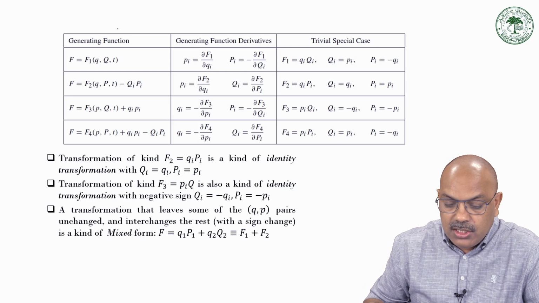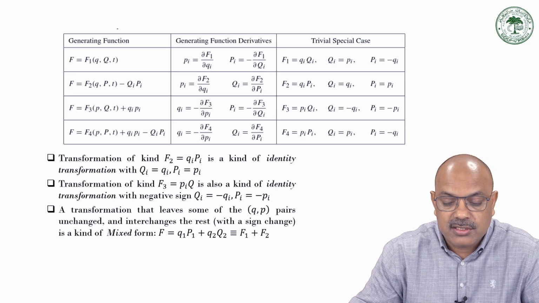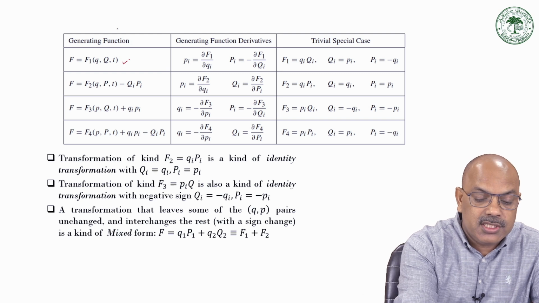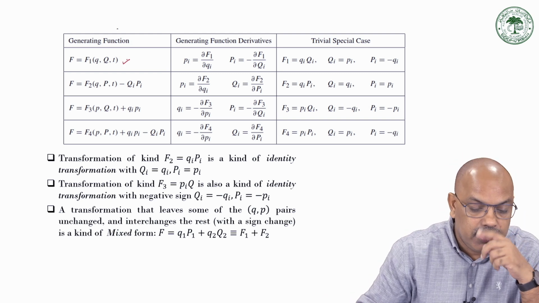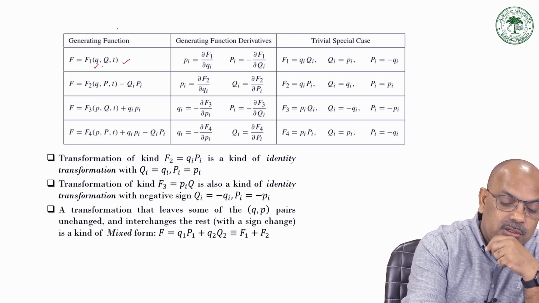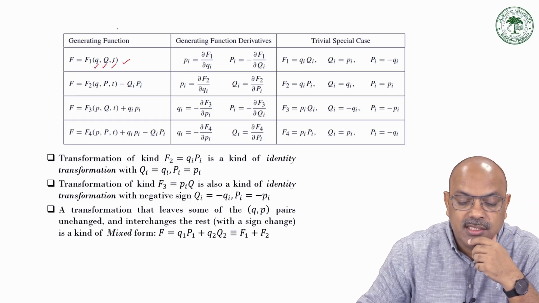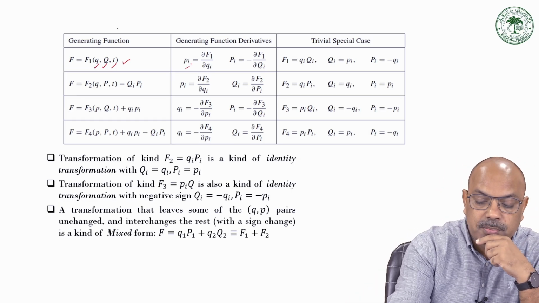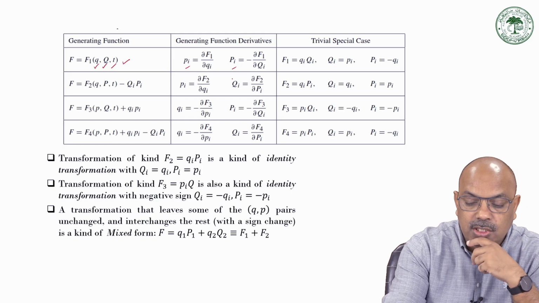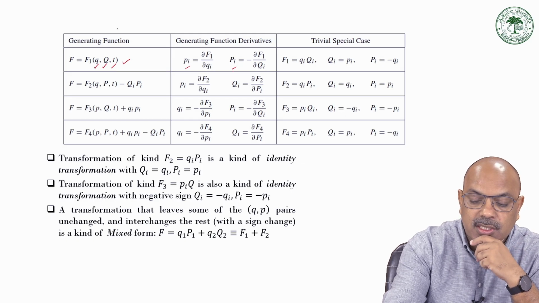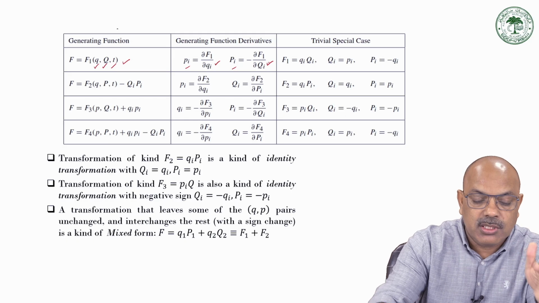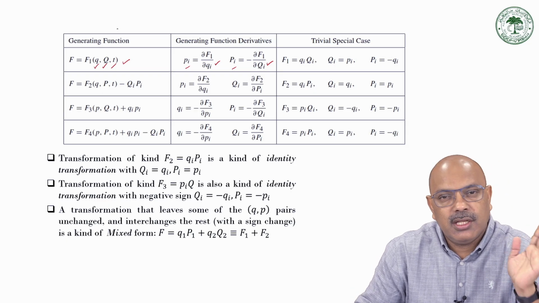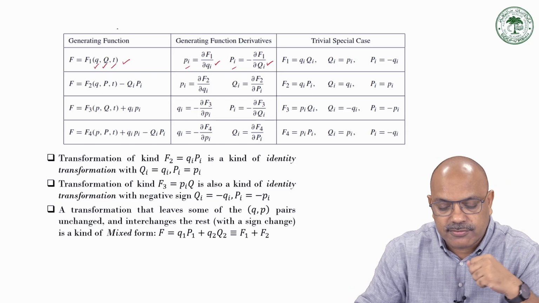Corresponding to those generating functions, we have the derivatives. For example, the first generating function depends upon small q, capital Q and t, and the corresponding derivatives give pi and the new momenta capital Pi. Similarly, you have f2, f3 and f4 and the corresponding derivatives.